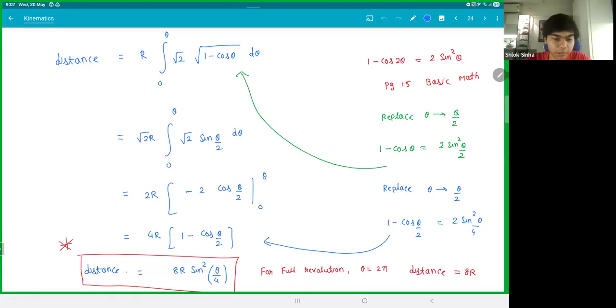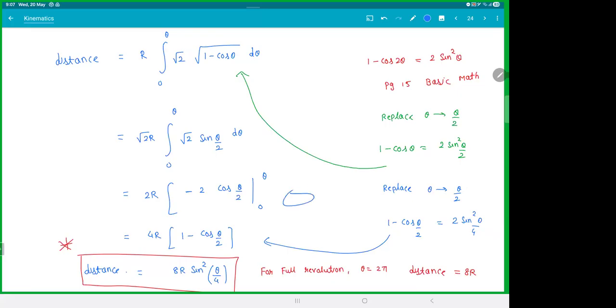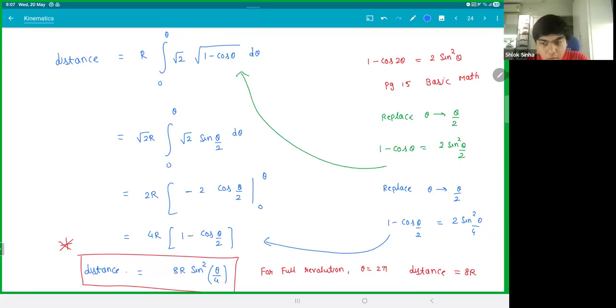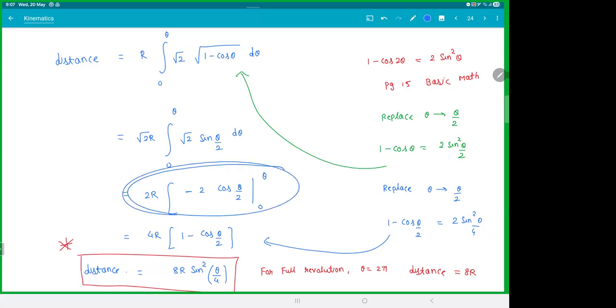Sir, can you explain the third step here? Hello. Yes, sir. I can't hear you. Yeah, can you hear me now? Which one? This step? Yes, sir. That is the integral of sine, isn't it? What is the integral of sin ax? 1 by a cos ax, right? In place of a you have half, so it will go up, you get a 2 in the numerator. Yes, sir.